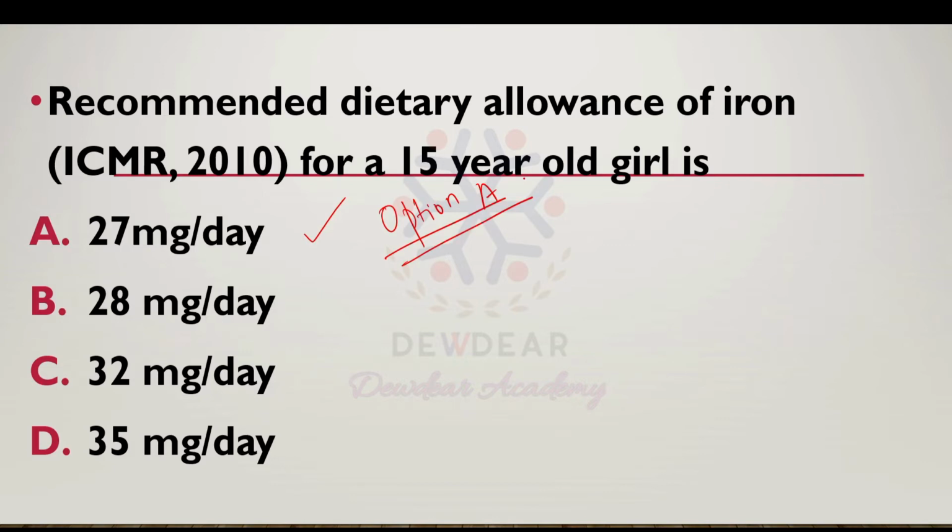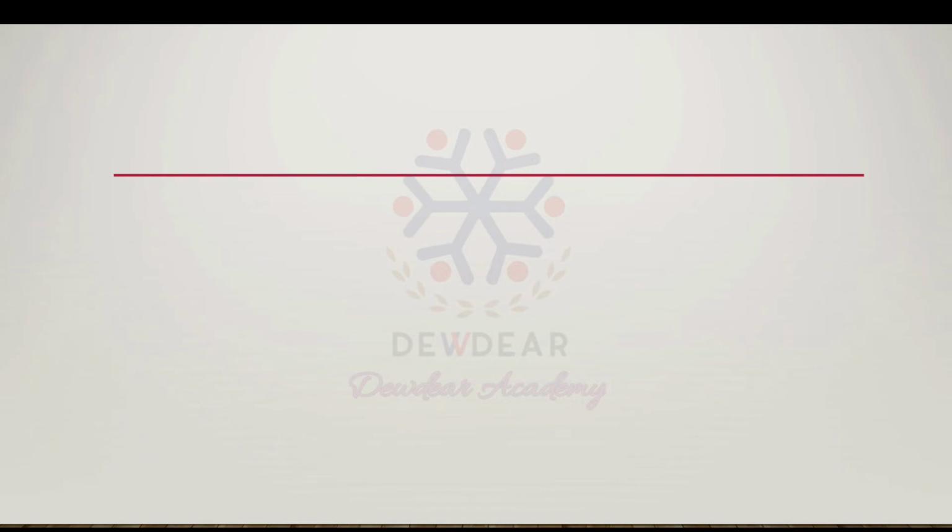So here we should know the recommended dietary allowance of iron. For men, the RDA for iron is 17 milligram per day. For women, it is 21 milligram per day.